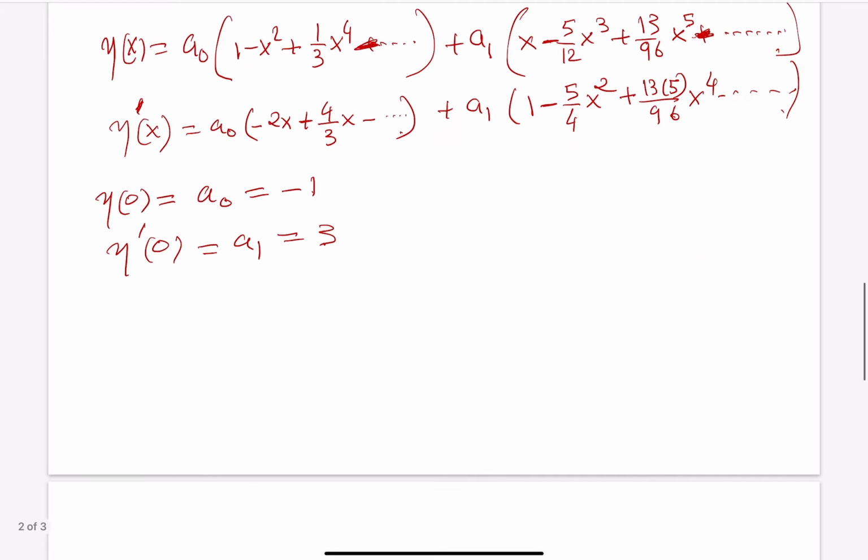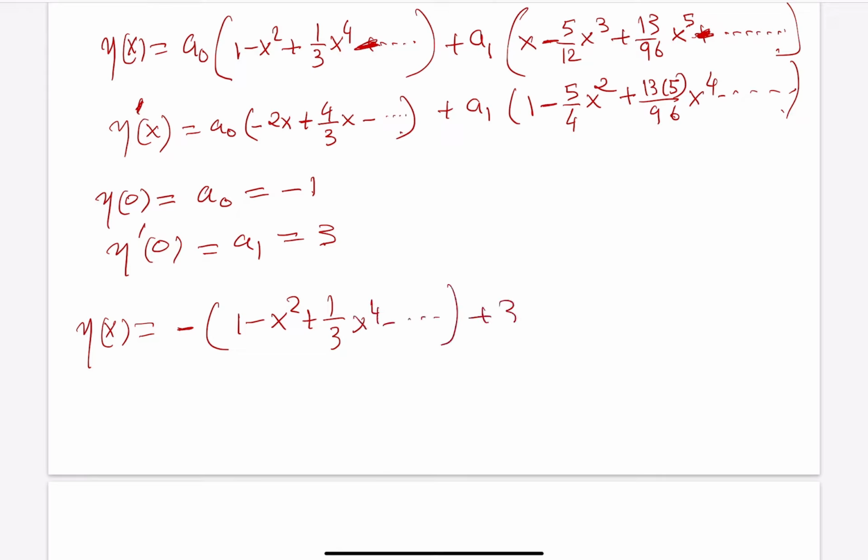So then our final solution will look like negative, parentheses, 1 minus x squared plus 1 over 3 x to the 4 and so on.